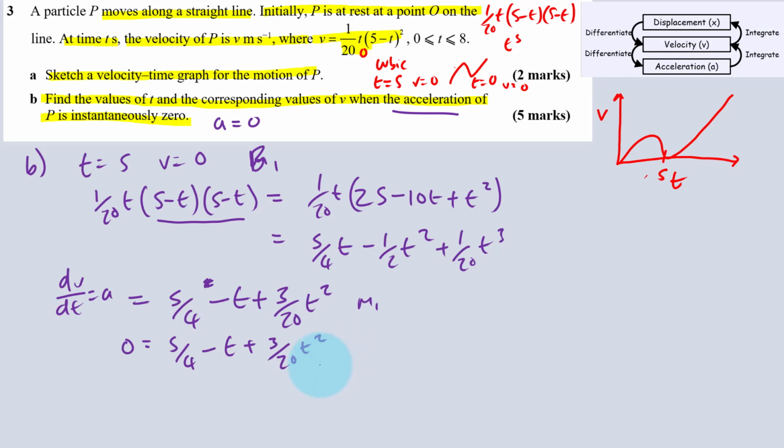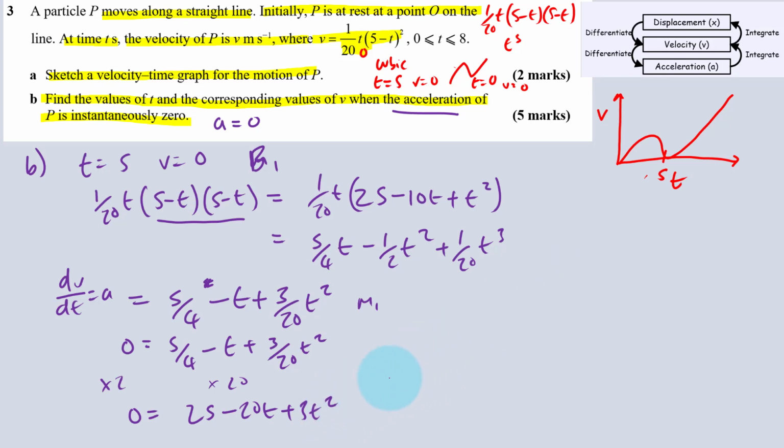So how can we make this easier for ourselves? Let's times out by 20. Multiply both sides by 20, so we get 0 equals 25 minus 20t plus 3t squared.